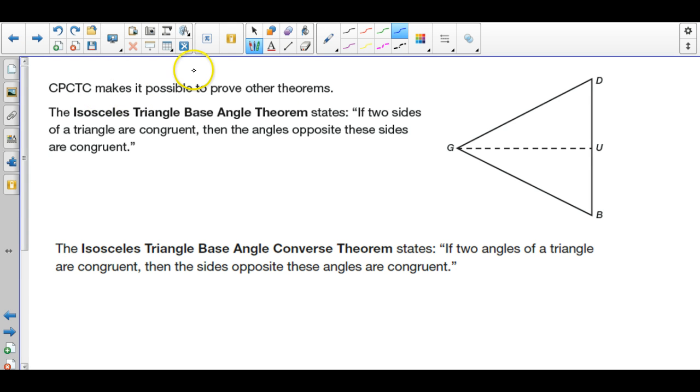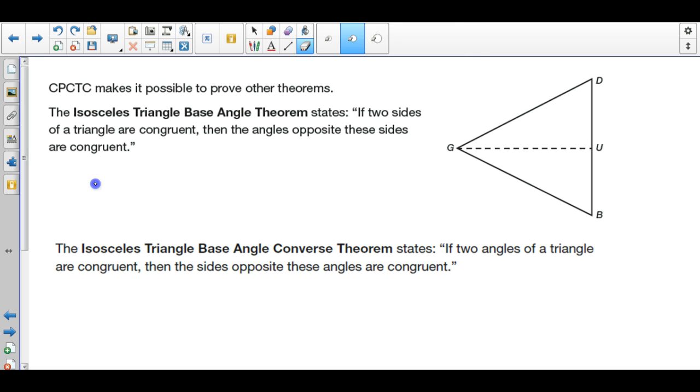So what CPCTC does is it makes two theorems possible for us to prove. If you remember back to an isosceles triangle, it is the triangle where you had two sides of a triangle that were equal and the angles across from those sides were also equal in measure.